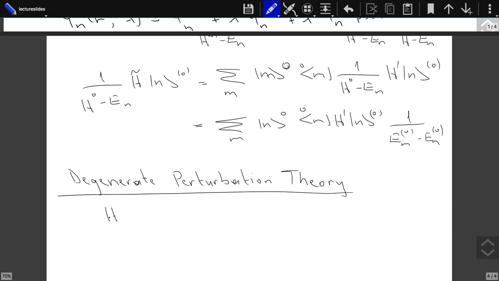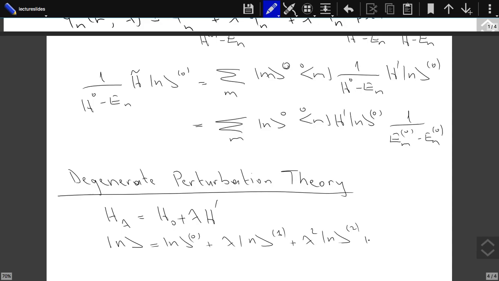So we had defined this H lambda with some small perturbation that we call H prime. And we had written that our states will be our unperturbed states plus lambda N1 plus lambda squared, the second correction, etc. So these are the corrections for our energy eigenstates.